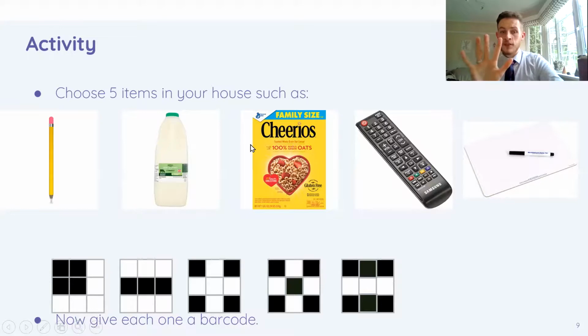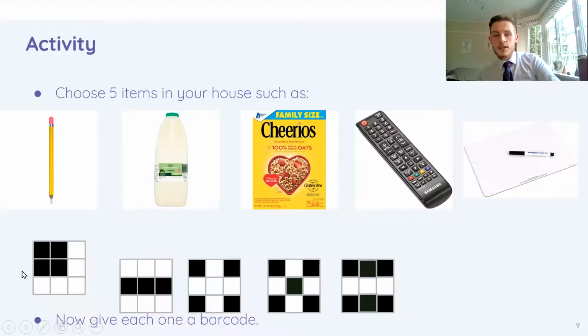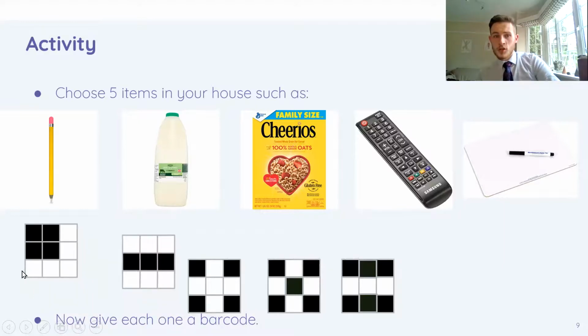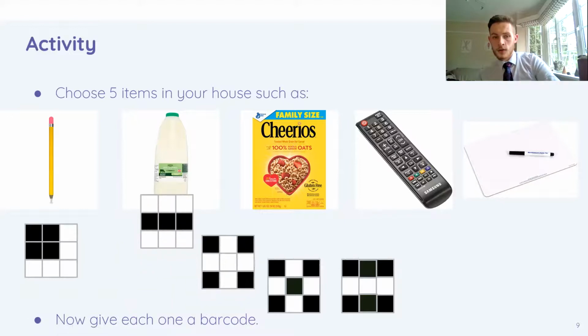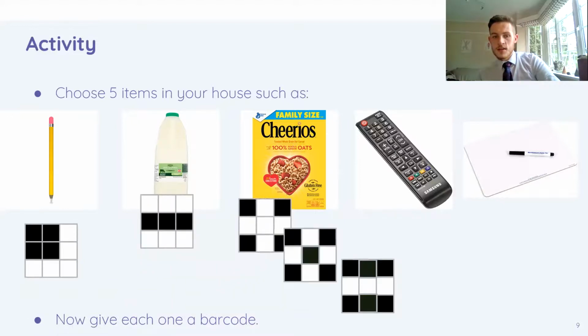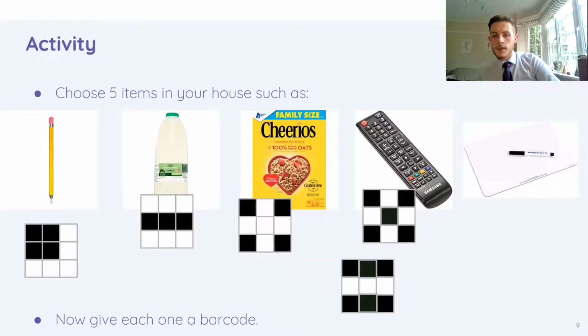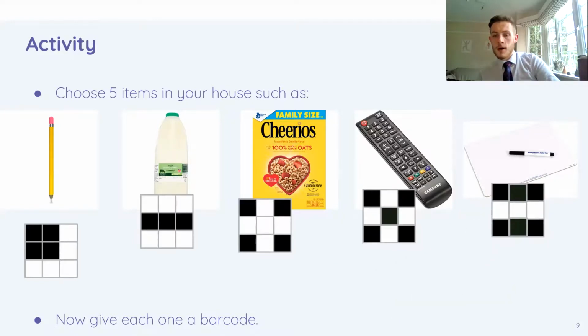Now I've got those 5 things, and I'm going to give each one a barcode. Here are your barcodes here, and I'm going to give each of my products one barcode. Can you see that each one of them has been given a barcode?